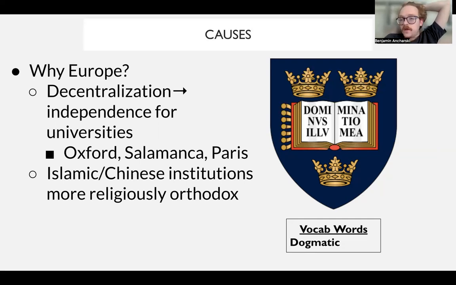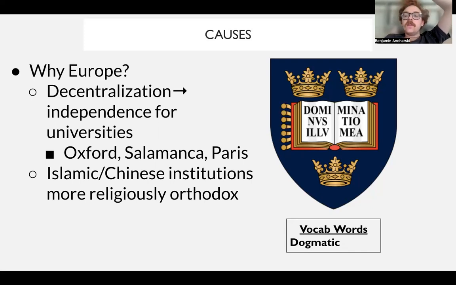At these Islamic universities, these universities are largely focused on religious education, on studying the Quran, for example. Whereas Chinese institutions of learning were mostly focused on the teachings of Confucius, on Neo-Confucianism specifically.